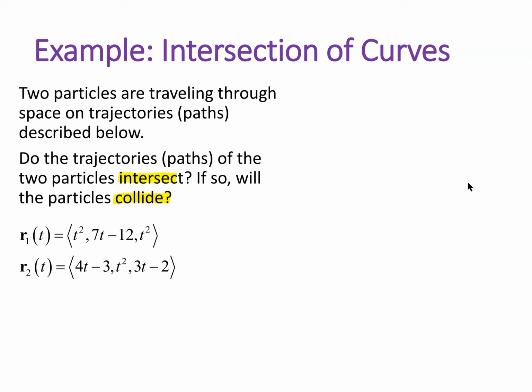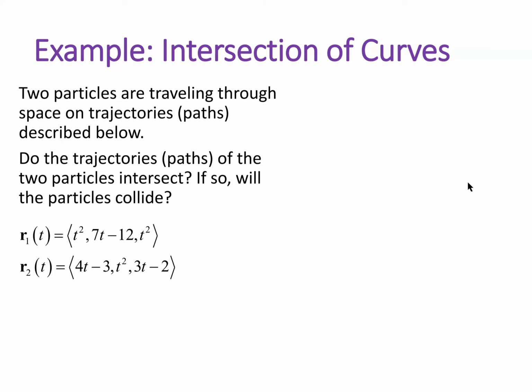So rather than look at the intersection idea first, let's start with the collision, because if the two particles collide, then clearly the paths intersect. Whereas if the paths intersect, the particles may or may not collide. So we're going to start with the collision idea first.